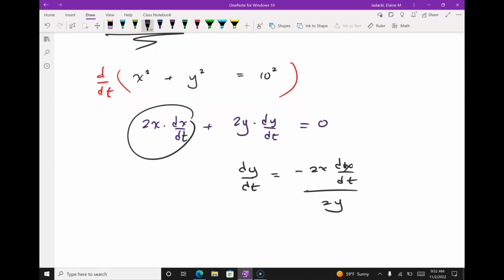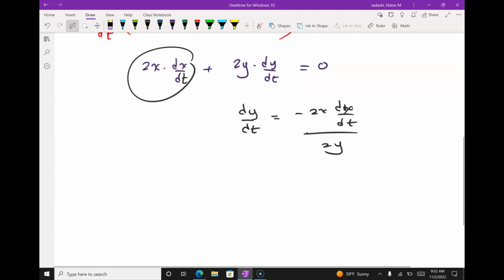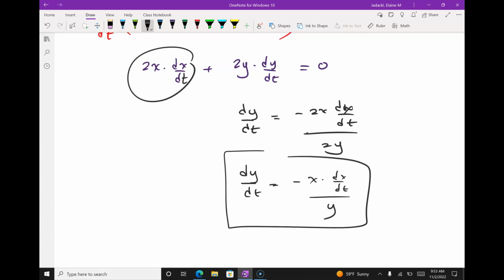I moved this to the left, became negative, and divided by 2y. Yes, we agree? So there's my nice version of dy dt, which is what I'm solving for.